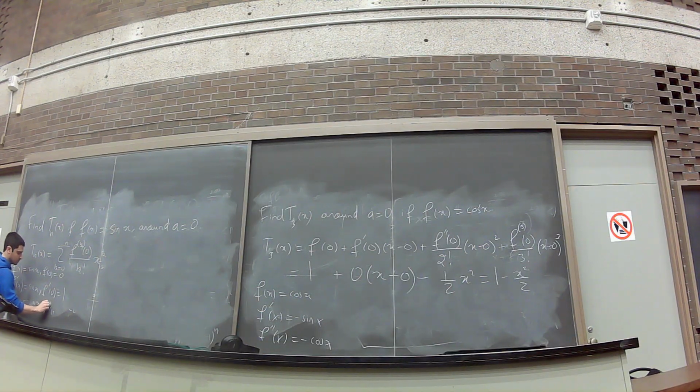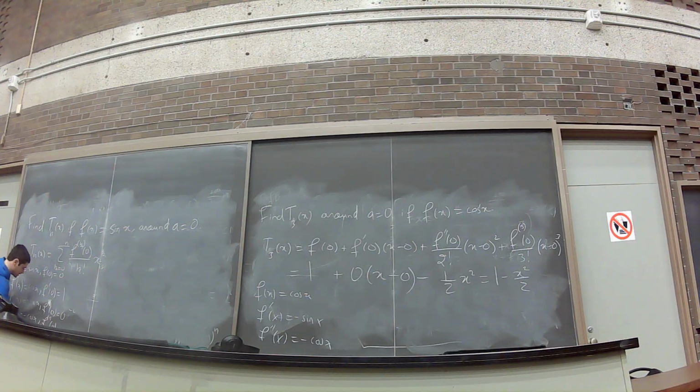F double prime of x is minus sine. So what's f double prime of 0? Okay, now what's f triple prime of x? Minus cosine. Very good. F3 of x, sorry, is minus cosine. This is 2 derivatives.